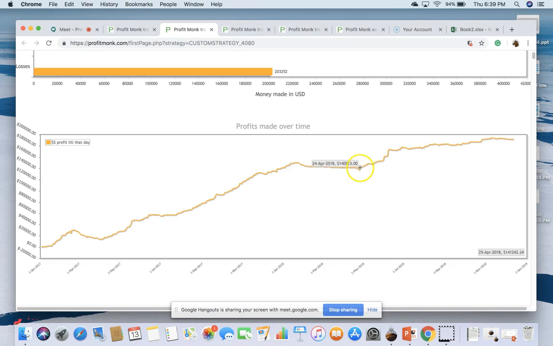Then from April onwards, when the market started turning up, it was doing okay. But this is where it becomes very interesting, and I wanted to discuss this with you. The market actually topped right about here, 20th September.